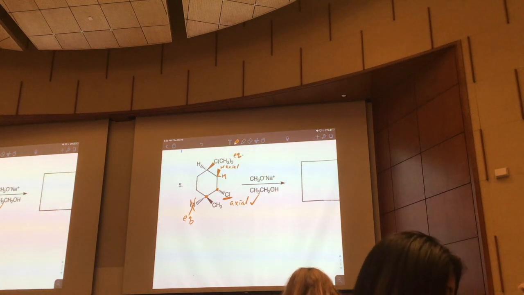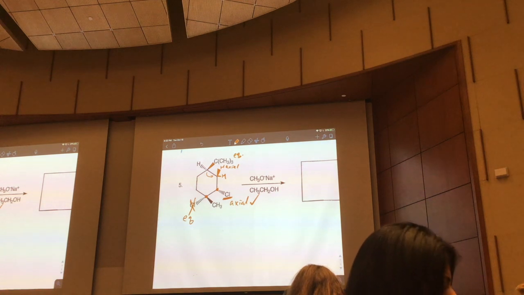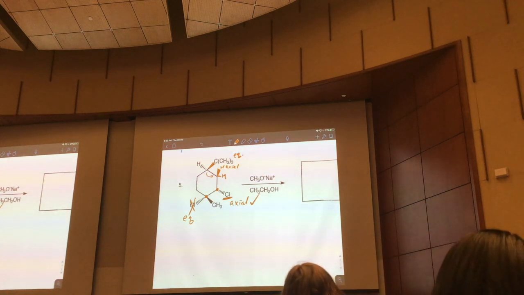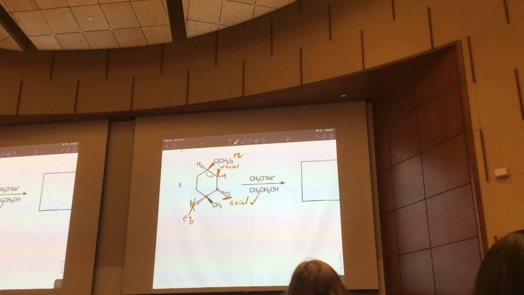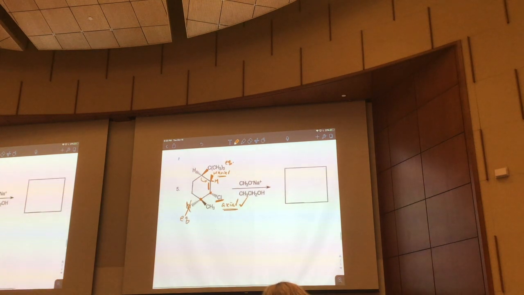We already said it had to be equatorial. So anytime you move carbons, it's going to alternate. So up equatorial on the left here, up axial when you move one carbon over. So that's axial, axial, good, up, down, trans, we're good. Trans-diaxial, we're set. So we know our double bond formation is going to happen here. There were a few possible options, we just narrowed it down to one. That was that whole process.